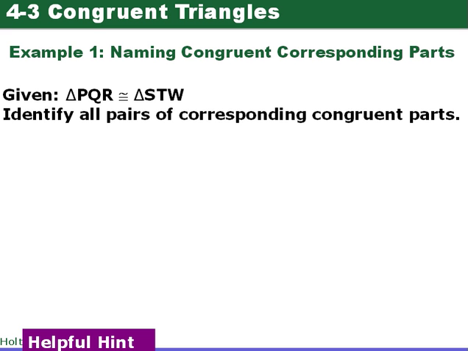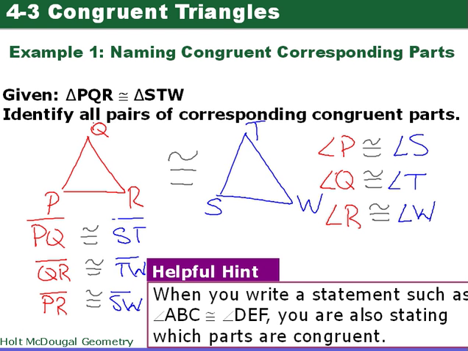Okay, so we're given triangle PQR is congruent to triangle STW. We want to identify all pairs of corresponding congruent parts. When we're given these 2 triangles, I highly suggest you draw the pictures. Draw a triangle PQR, those are 3 vertices, and then we have triangle STW.